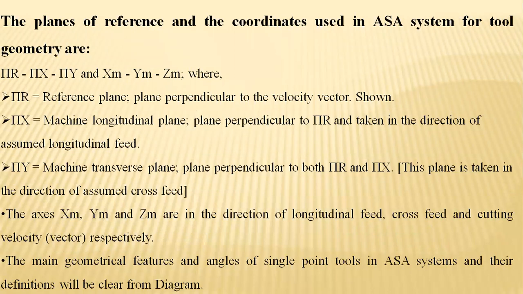The planes of reference and coordinates used in the ASA system for tool geometry are specified here with πR, πX, πY and πZ, where πR is the reference plane, which is perpendicular to the velocity vector. πX is the longitudinal plane, confined to its directional specifications.